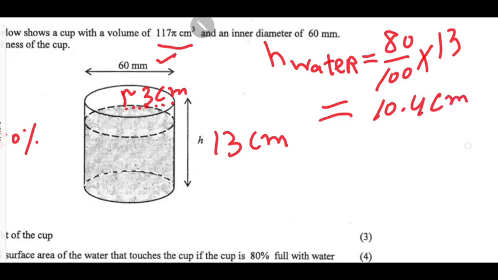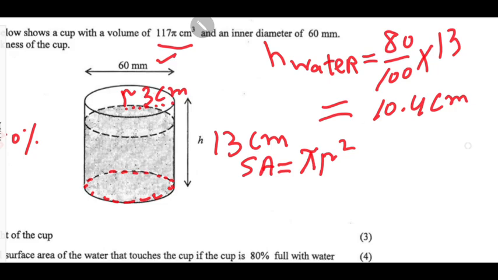Now I can calculate the surface area for the 80% water. So the formula is surface area is equal to pi r square because only the bottom we have, this is the area of the base, and the top is open, so that's why we can't say 2 pi r square, only going to be pi r square.